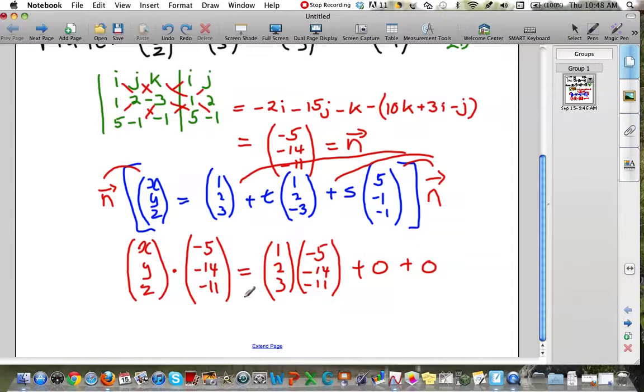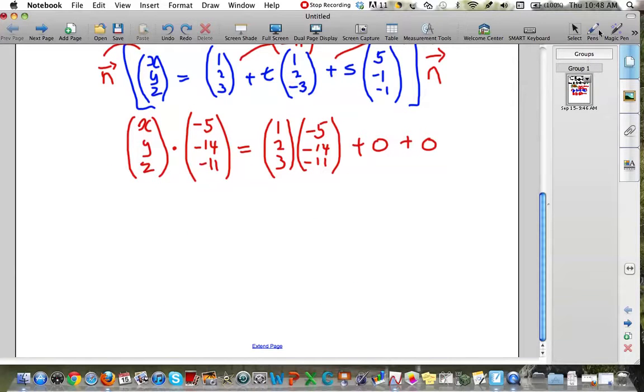And so my equation at this point is now going to be significantly simpler, and I'm going to be left with, after a little bit of simplifying, -5x -14y -11z, which is equal to, in this particular case, -5 -28 -33, and I'll just write that out one more time.